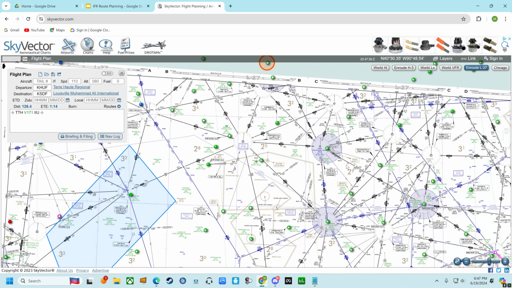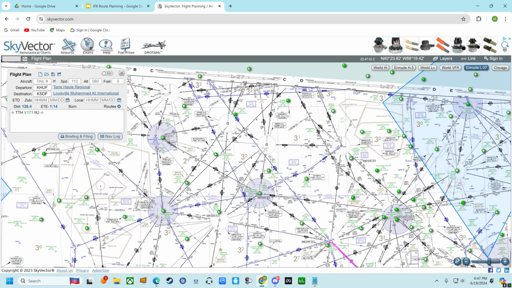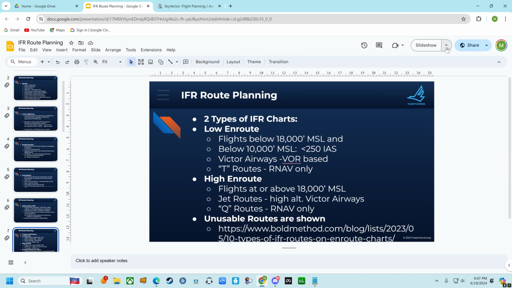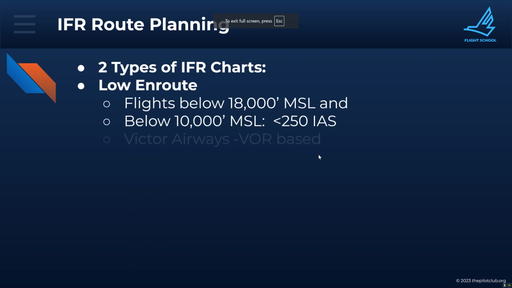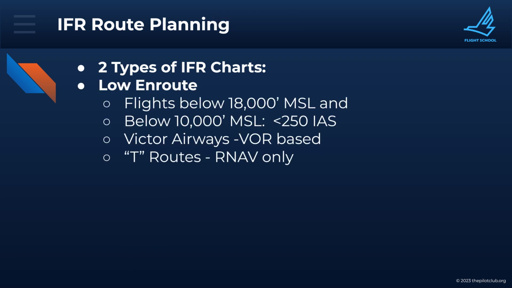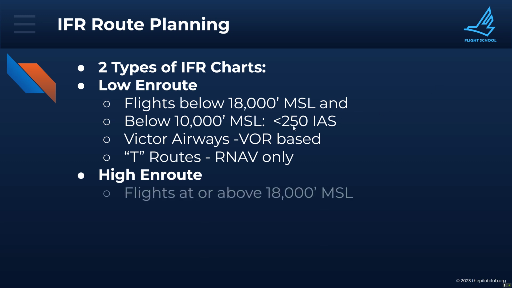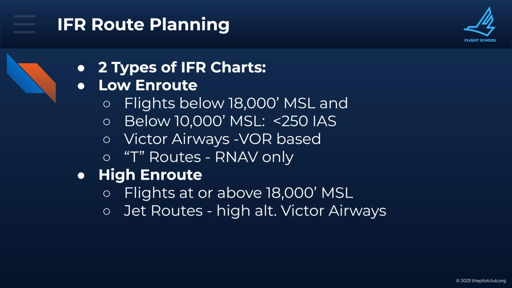All right, so that's your world low charts. Then your world high charts. Let's say you want to fly A320s and things like that. You want to be somewhere where you can fly higher and don't have the speed restriction. That's what your high en route chart is for, and that's for flights at or above 18,000 feet MSL.